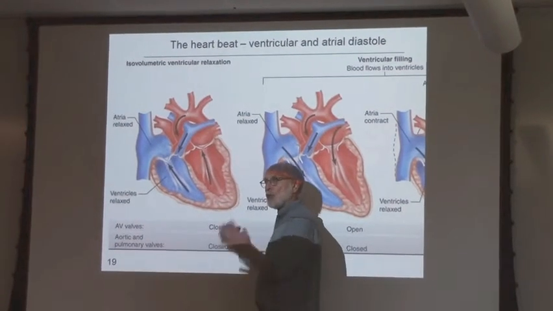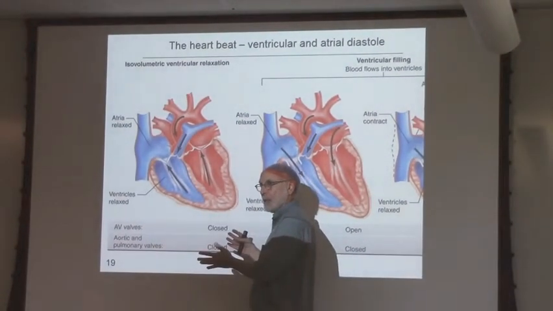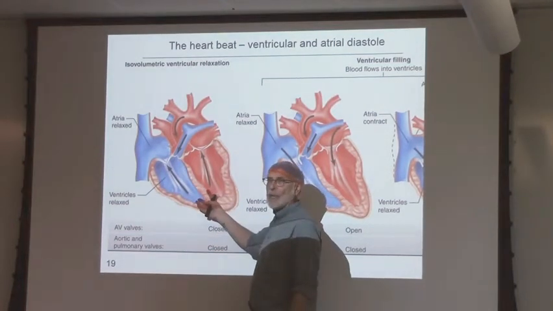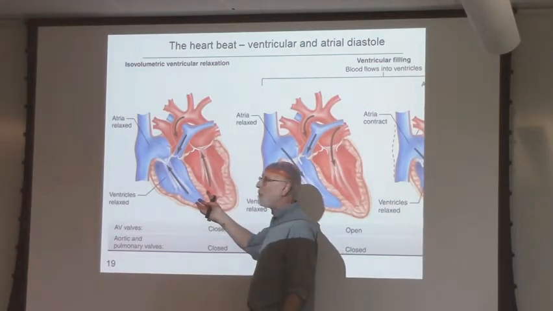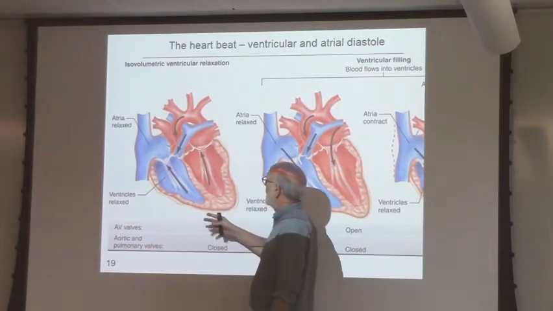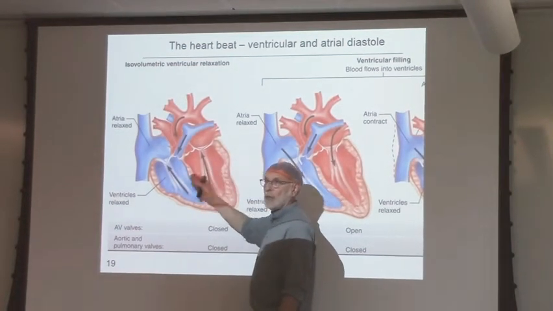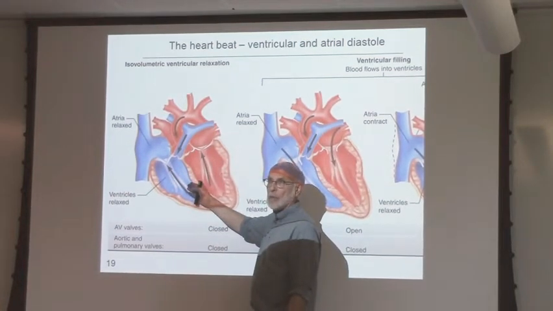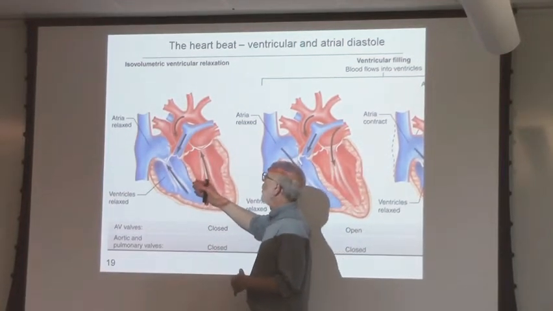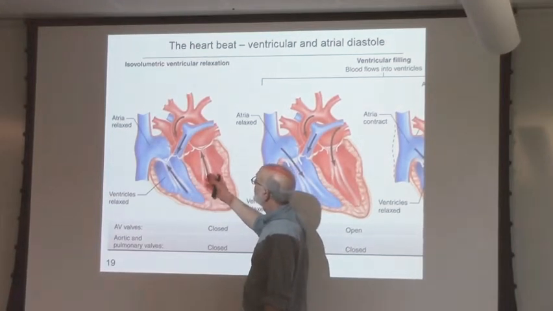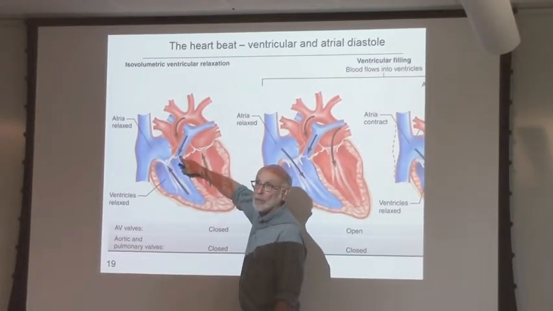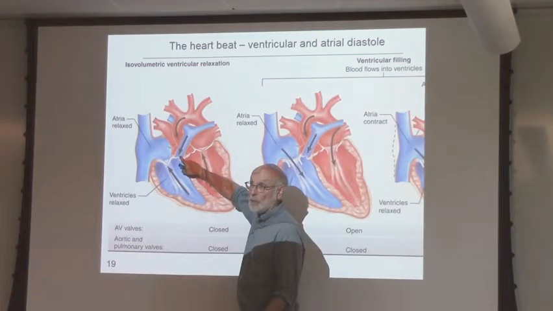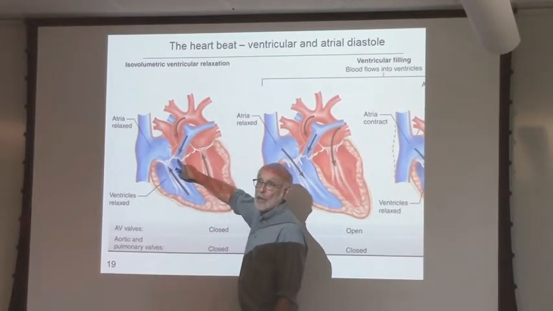After the contraction is complete, the ventricles start to relax again, right? After the spread of depolarization and after the contraction is complete, they start to repolarize and relax. Now the pressure in the ventricles is dropping. When the pressure drops, the tendency for backflow closes the semilunar valve.